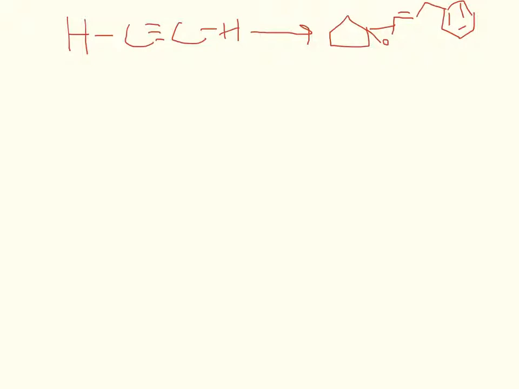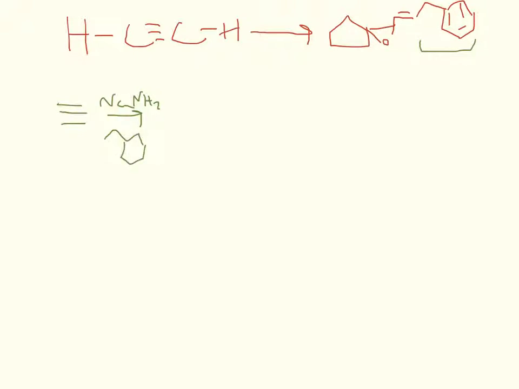So to start out, we have our alkynes, sorry. And we're going to take that, and we need to add this phenyl group over here to the right side. So we're going to use our base, our favorite base, NaNH2, and then we need to add the phenyl group.